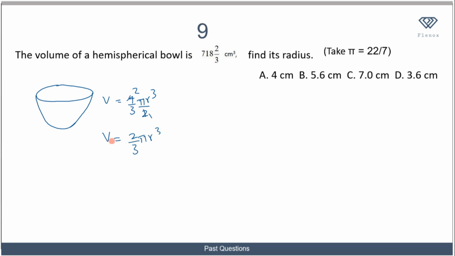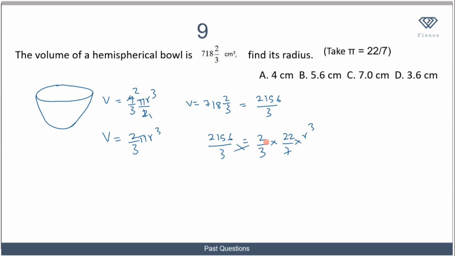Now we are given the volume, we are also told to find the radius. So this is pretty straightforward. So the volume we are told is what? 718 2 over 3. And when you convert this to a proper fraction, you get 2156 over 3. So we can substitute. So I can write that 2156 over 3 is equal to 2 over 3, my pi value is 22 over 7, then times r cubed.